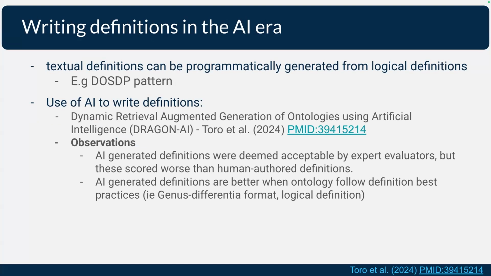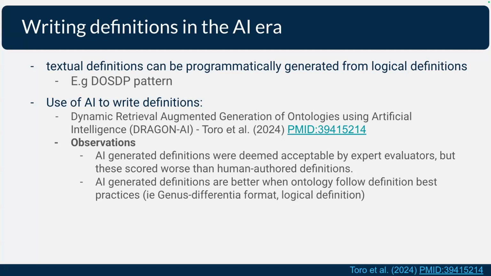We can also use AI to write definitions, and of course, nowadays you cannot have anything that doesn't mention AI. Last year, we published a paper, and some of you who are here on the call were part of this paper, where we basically asked AI to write ontology definitions for different ontologies, and curators reviewed those, and we evaluated those definitions. And in general, those definitions were really not that bad, actually.